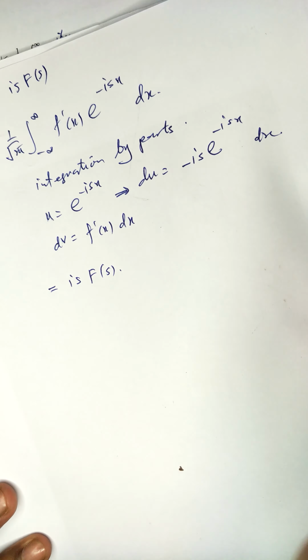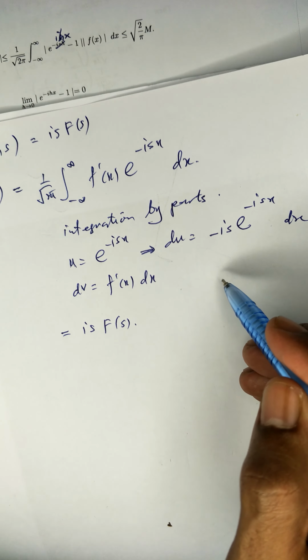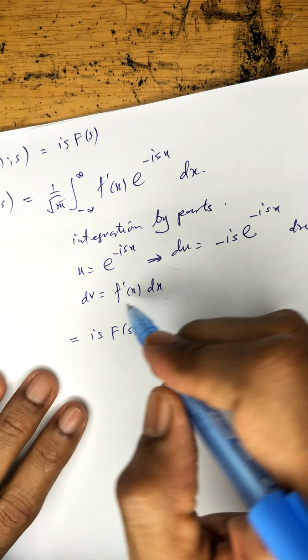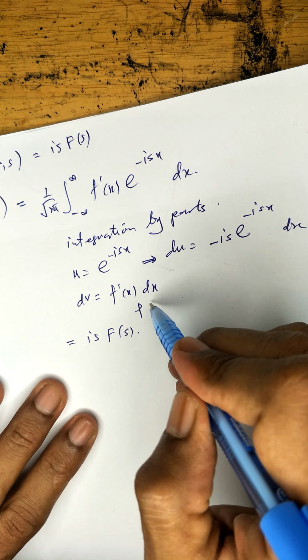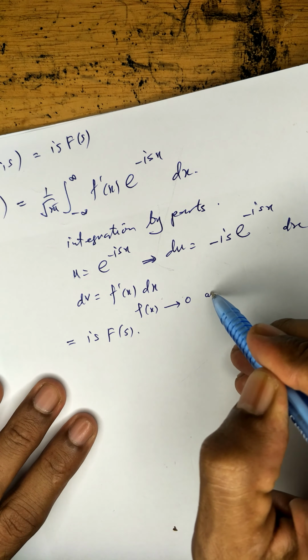If you substitute all this into the integration by parts, you can easily see that this is equal to i s F(s). And when you substitute, you also need to use the given properties, that f(x) goes to 0 as x goes to infinity, in order to evaluate those things. So you can have that result.